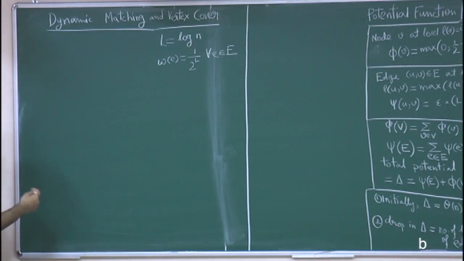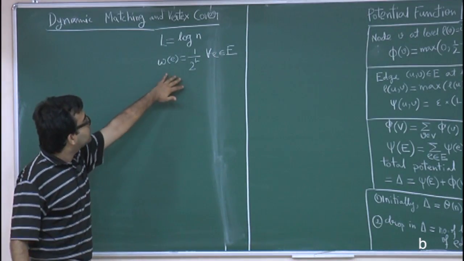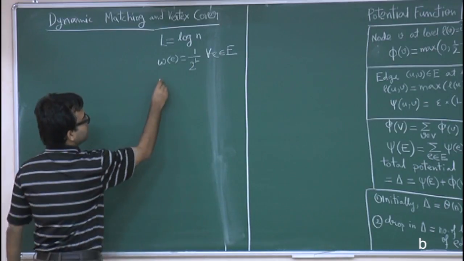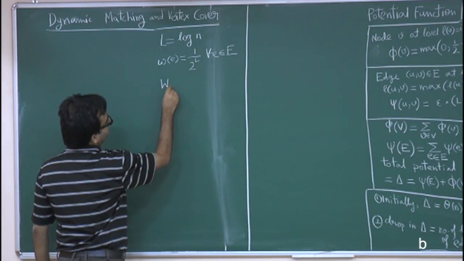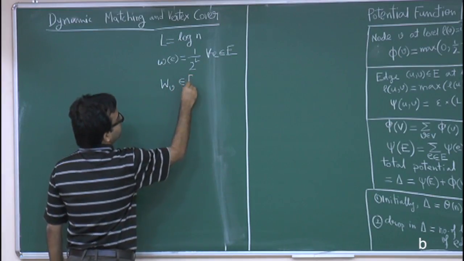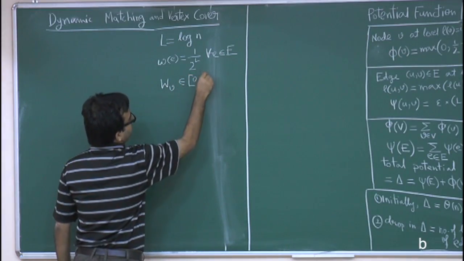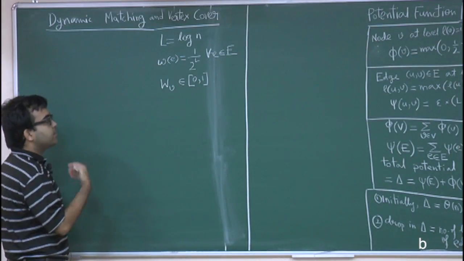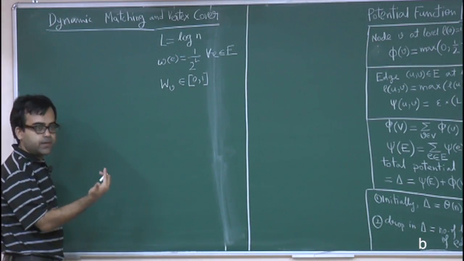Then after this assignment, the weight received by a node from the edges incident upon it will be between 0 and 1. Why? Because the highest degree a node can have is n, which is 2 to the power L.